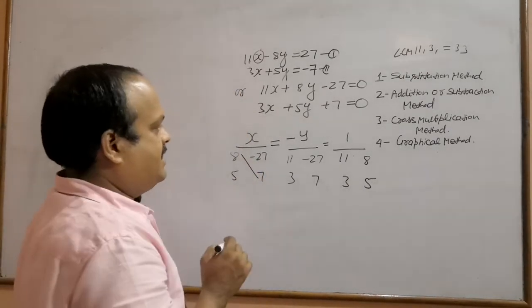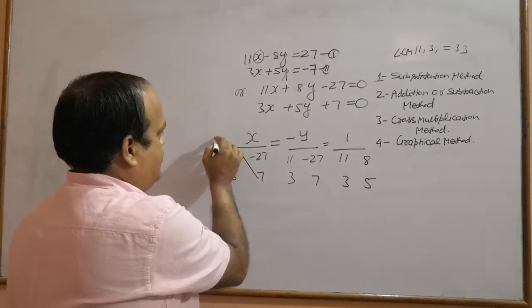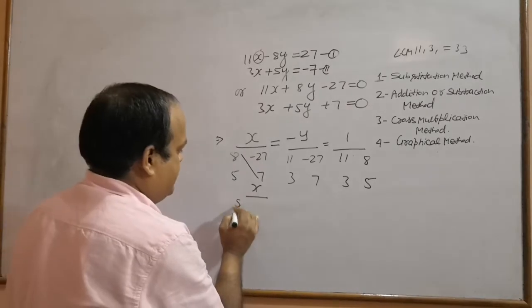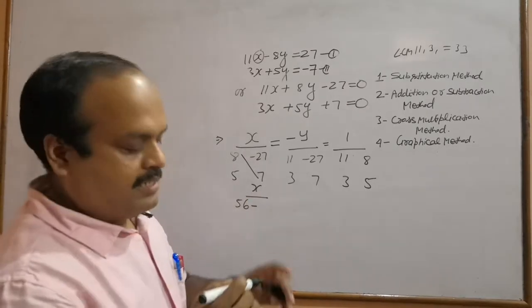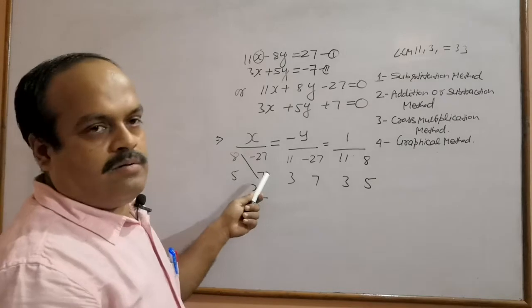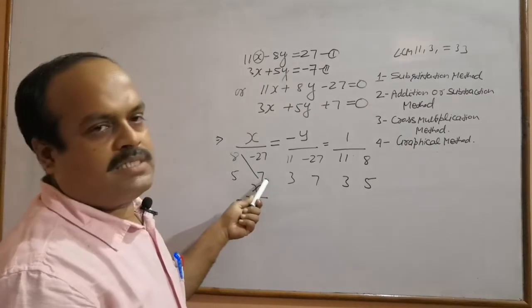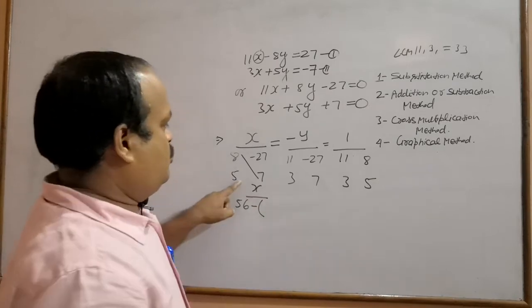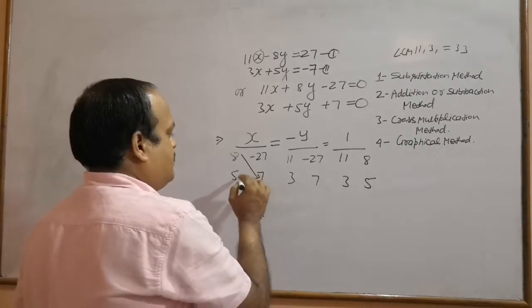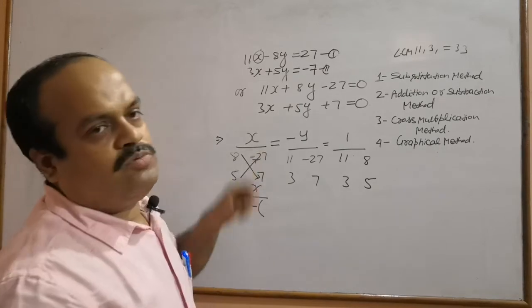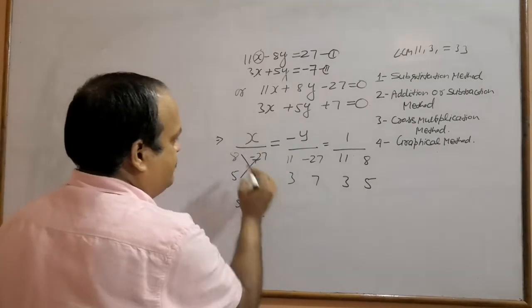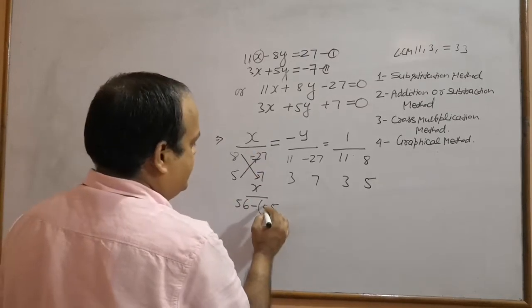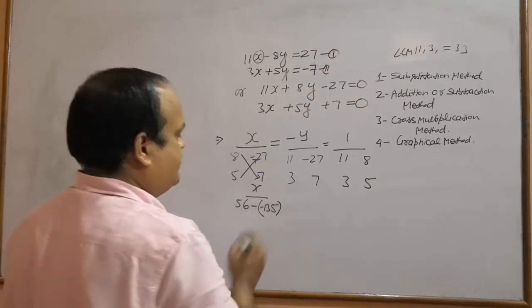Get the cross multiplication. 8 into 7 is 56, minus, do the multiplication of this one, 5 into minus 27, which is minus 135.